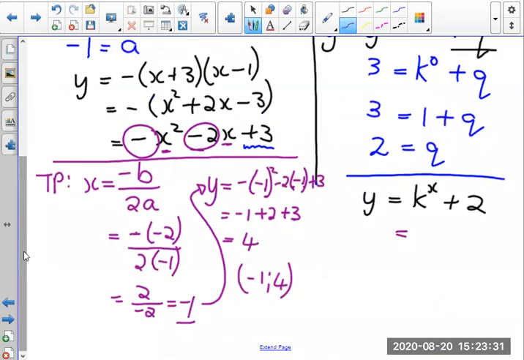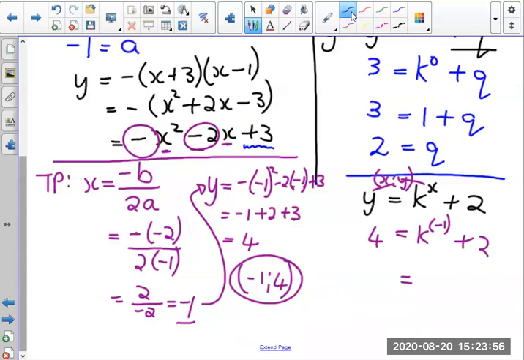So now I can substitute this point in the place of that x and y. So I'm going to make y 4. I'm going to make x minus 1 and then plus 2. If you simplify that, what is k to the minus 1? k to the minus 1 is 1 over k.